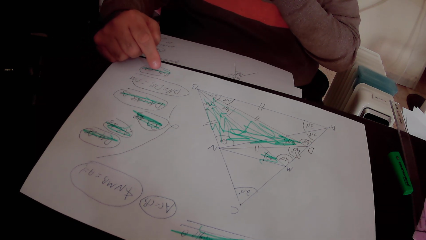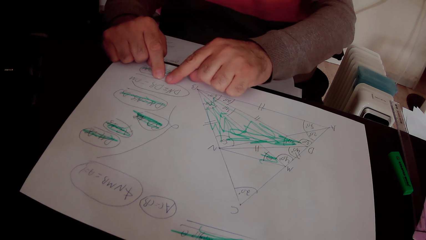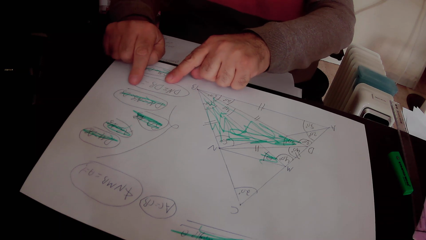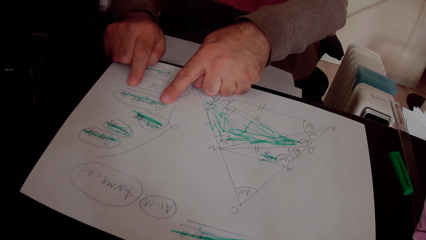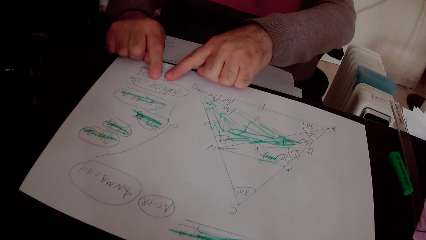So from one side, BD equals DN. Here, one side, BD equals DN. Okay, BD equals DN.